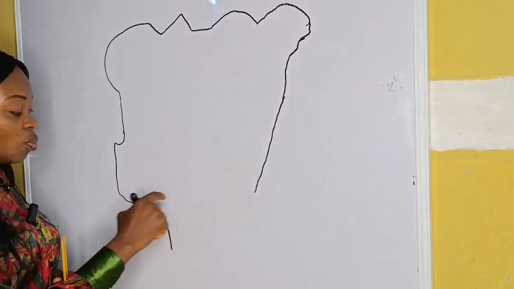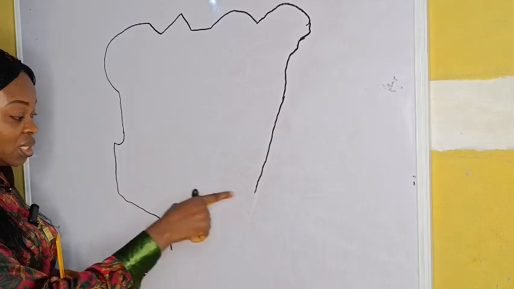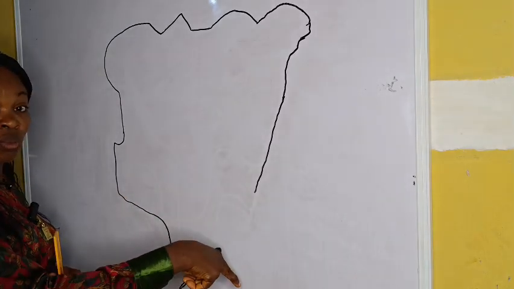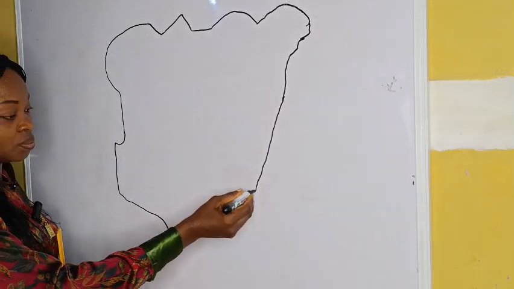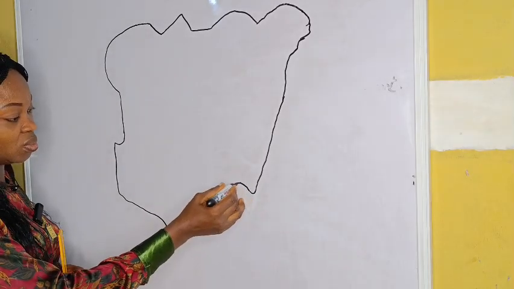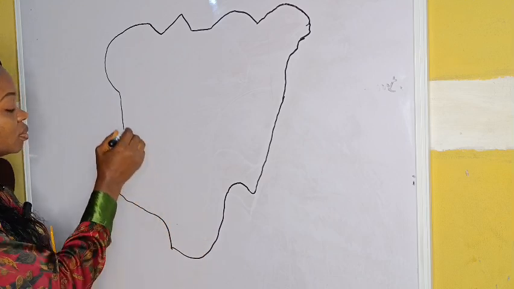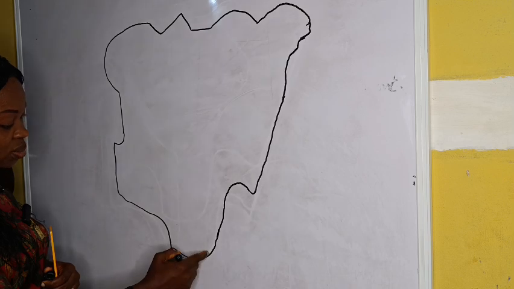Then when you want to stop, look at this part. This part has to go lower than this part. It doesn't have to be equal. Neither is this place going to come below this part. So this part has to be upper. Then you take it up, come down, and join it here.